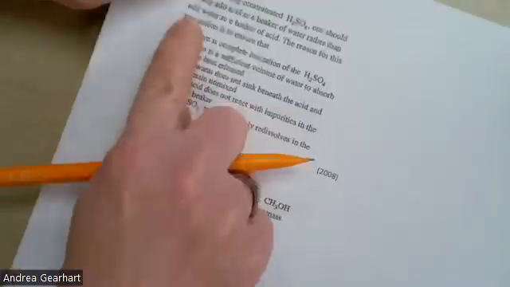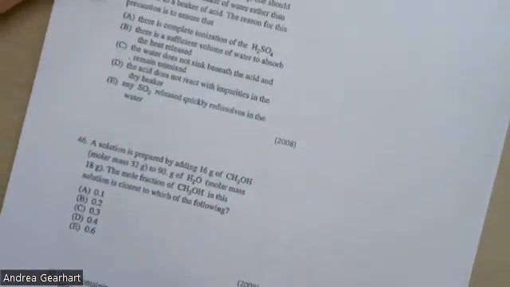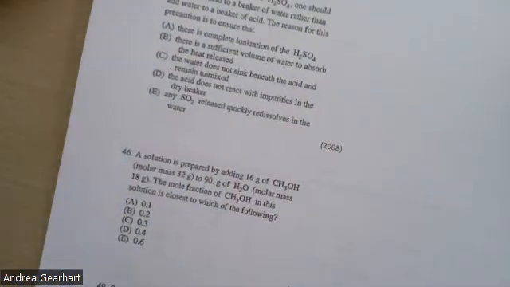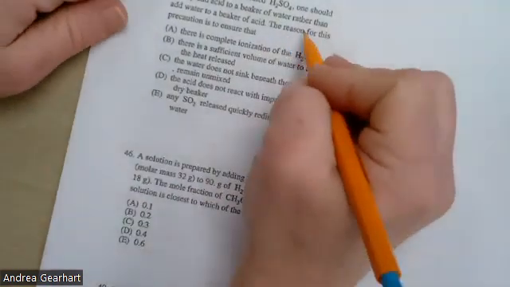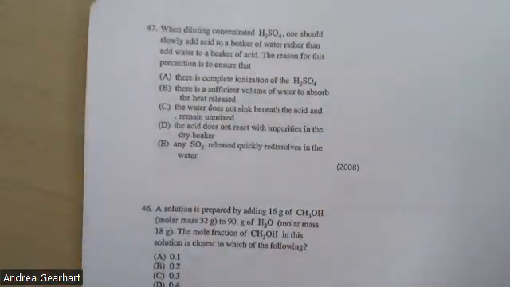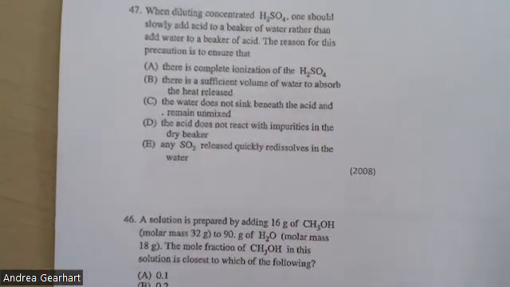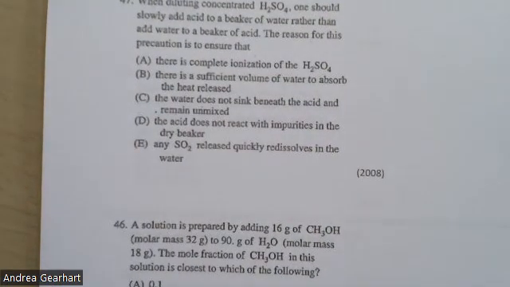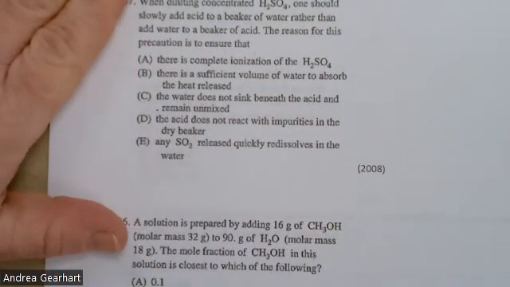Could I ask that we turn to page 2 and look at number 47? These are all out of order, so don't worry about the numbering. All right, 47. If you remember the classic safety video in Honors Chem, you're told when you're making a solution of an acid, you always add acid to water.